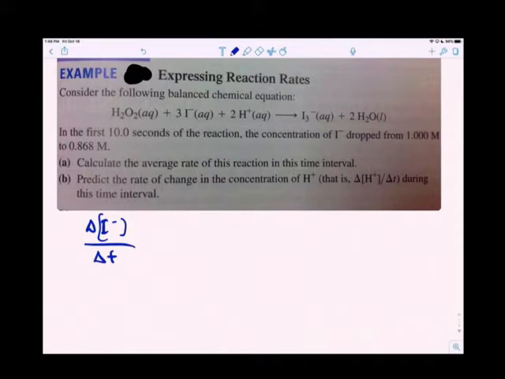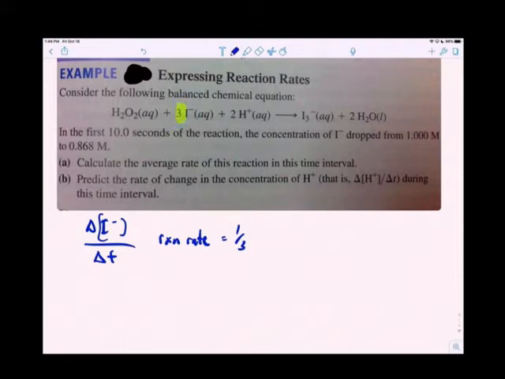Compare it to the entire reaction. Iodide has a factor of 3 here, so the reaction rate for the entire reaction is going to be 1/3 of that, because there's a 3 here.